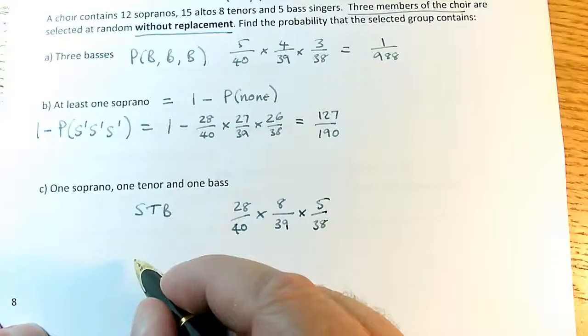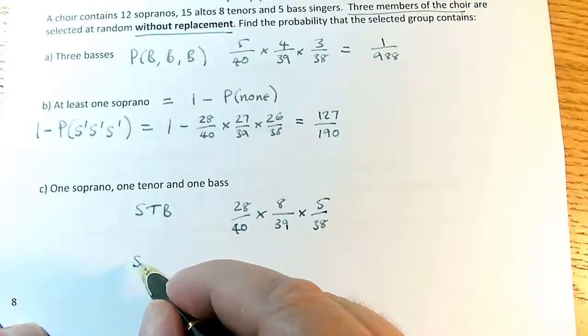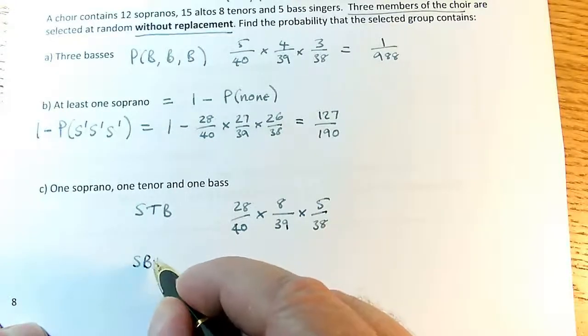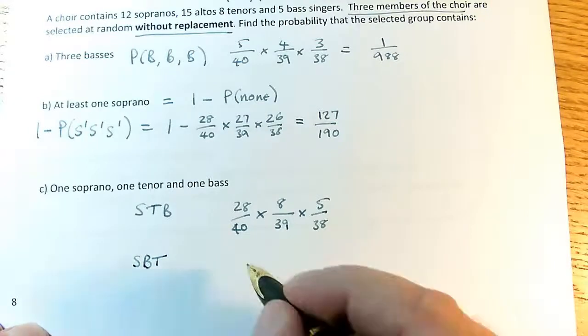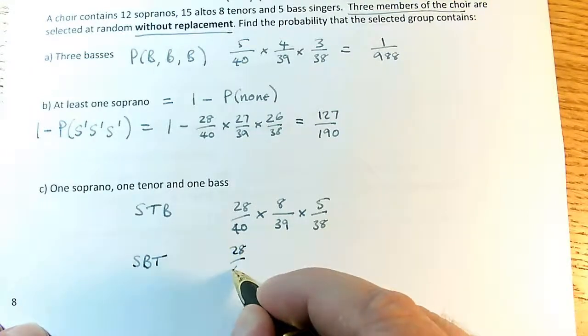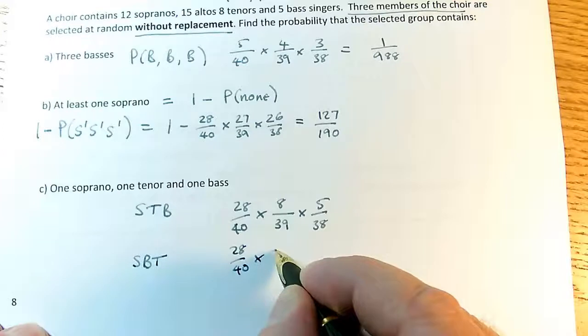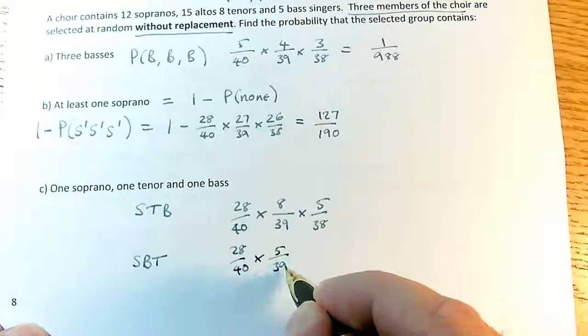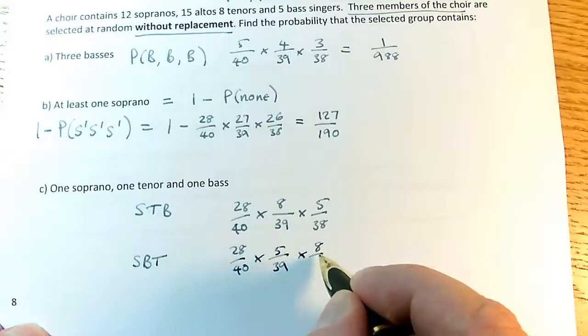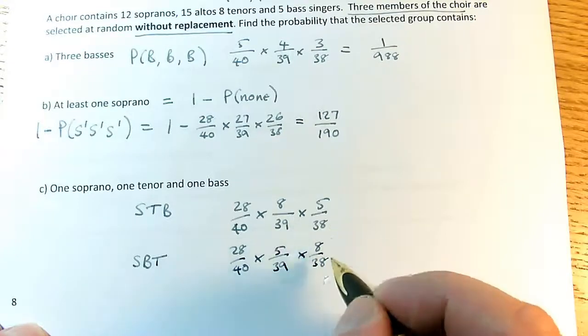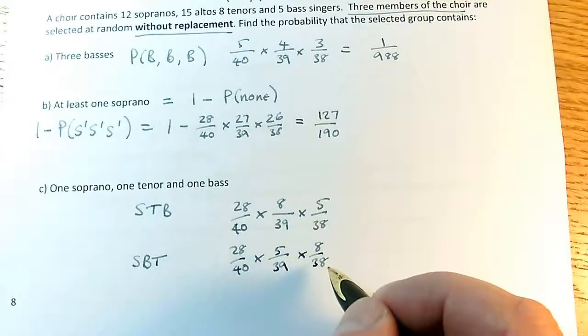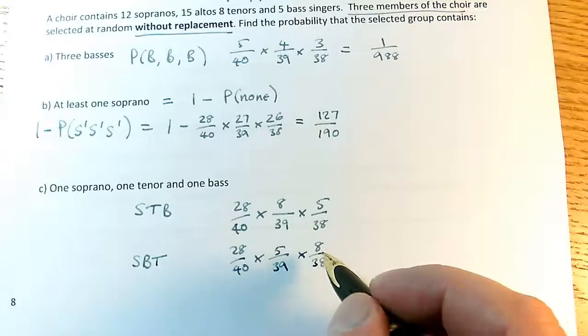But there are other ways. For example, I could still have a soprano first, but then a bass, and then a tenor. Well that's going to be 28 out of 40, and then for the bass it's going to be 5 chances out of 39, and then for the tenor it's going to be 8 chances of 38, and I can see I'm going to get the same answer to these two even though the probabilities within them are different.